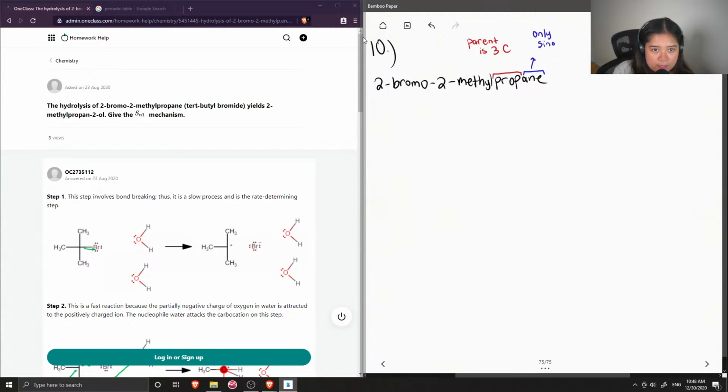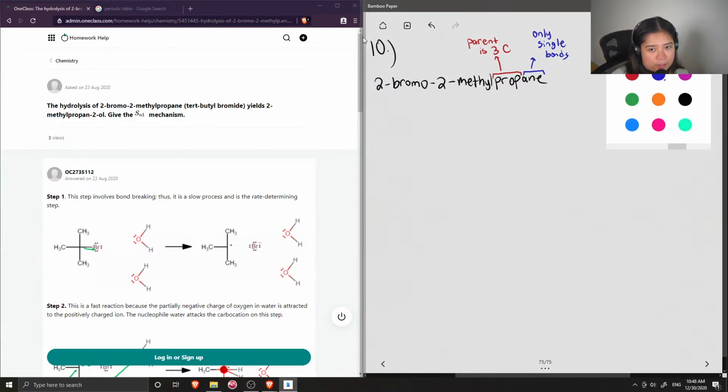If it ended in ene or yne, then it would have double or triple bonds, respectively. Okay, so we know our parent chain, and now we can see that our substituent is a bromine group, so 2 on carbon 2. And we also have a methyl group on carbon 2 as well.